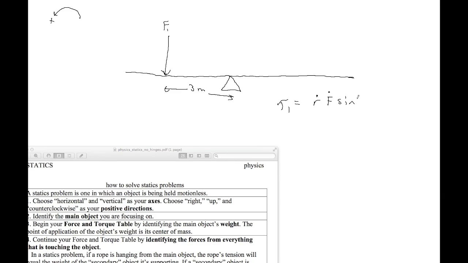So what would you get as your expression for the torque? You would have 3 meters times F1, and it would be positive.